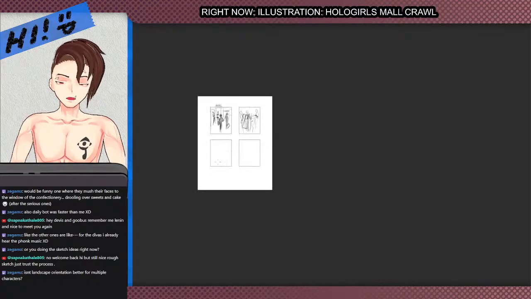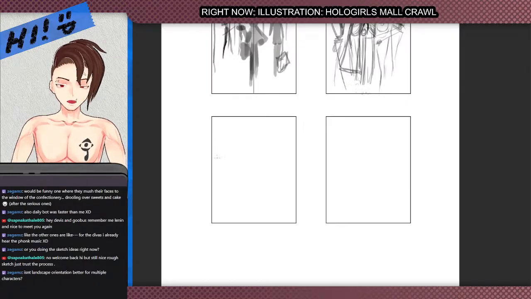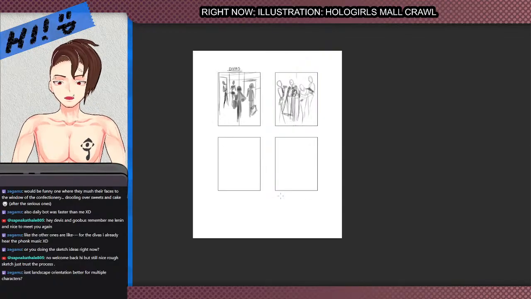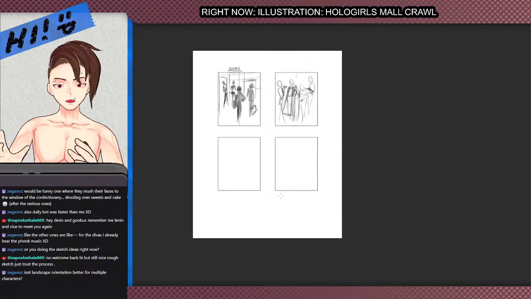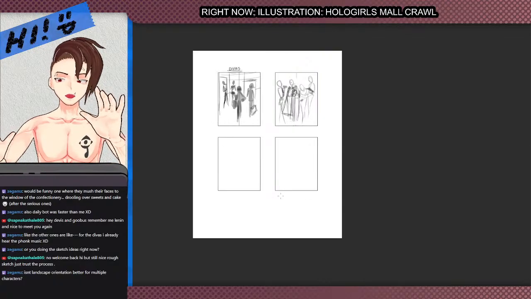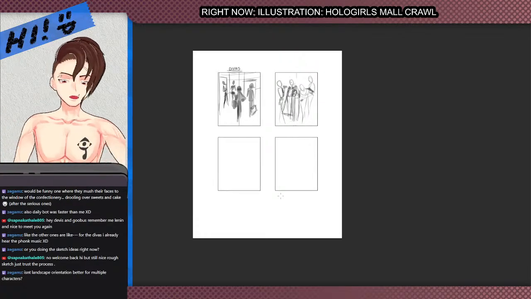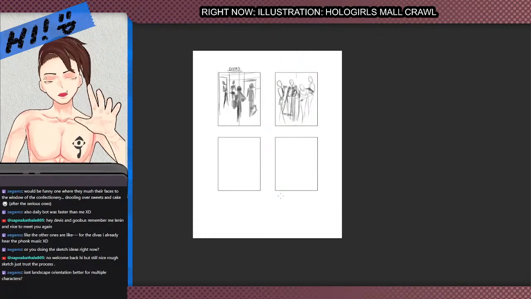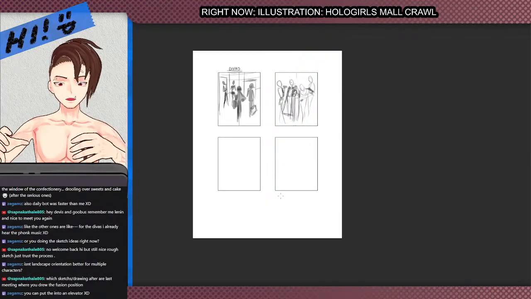But I want to work around with fitting multiple characters over here because I want to make them smooshed together. So it's not like I'm going to make one character here, that character there, with a lot of space between them. I want to fill out the entire illustration with them.